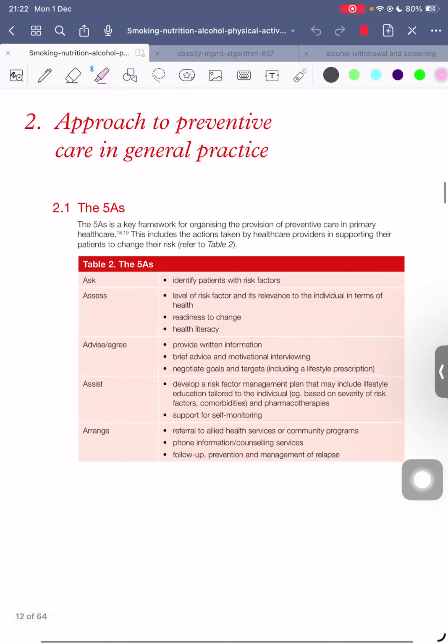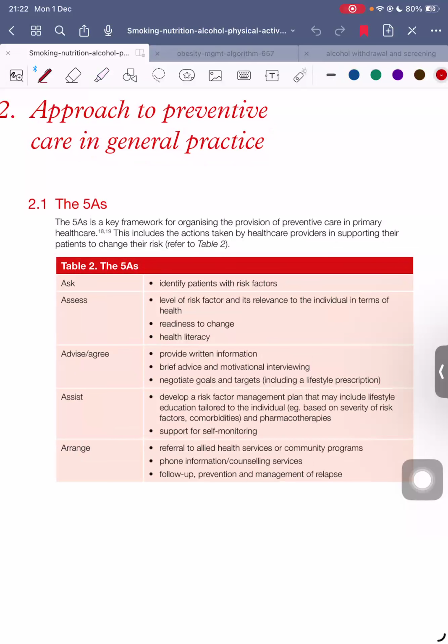You have to remember the 5 A's. Okay, how should we assess? First, for each of these criteria, we have to ask. That means identify the patient's risk factors.